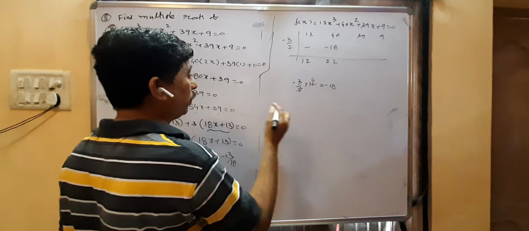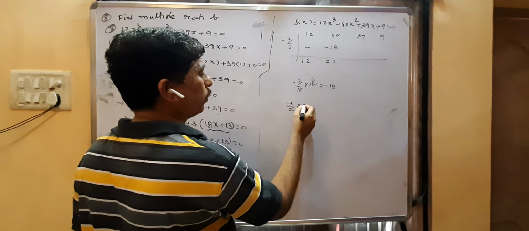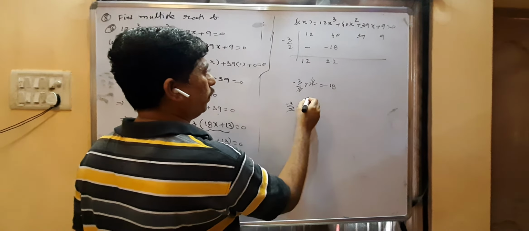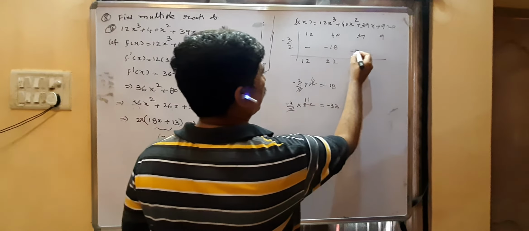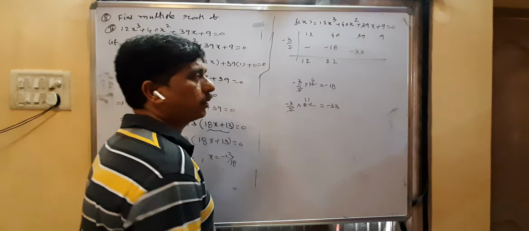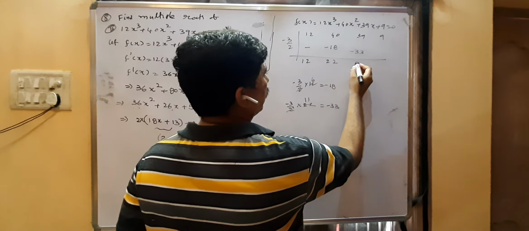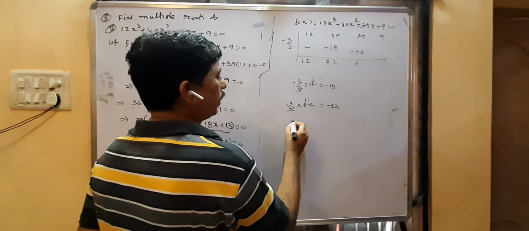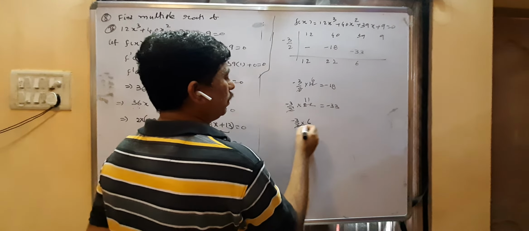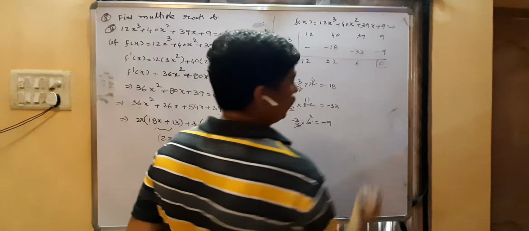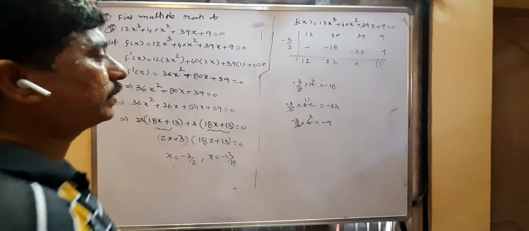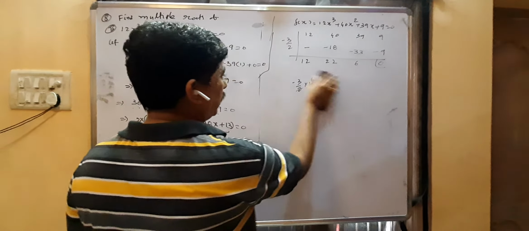Minus 3 by 2 into 22 is minus 33, so 39 minus 33 gives 6. Minus 3 by 2 into 6 is minus 9, so the remainder is 0. So f of x also has root minus 3 by 2.